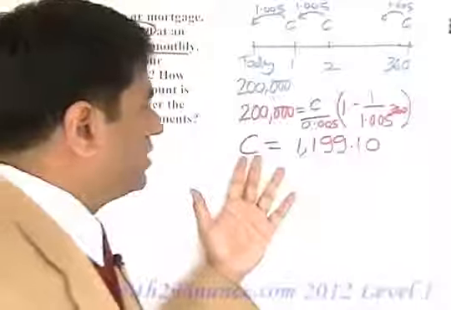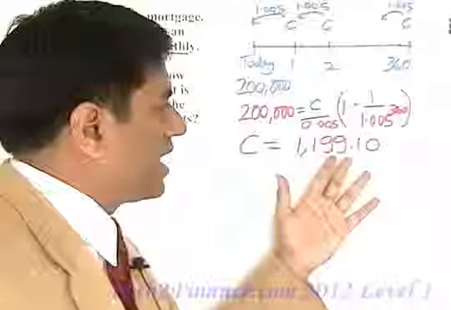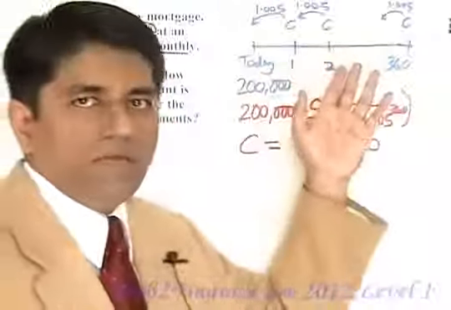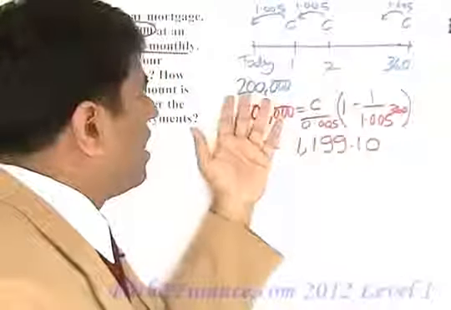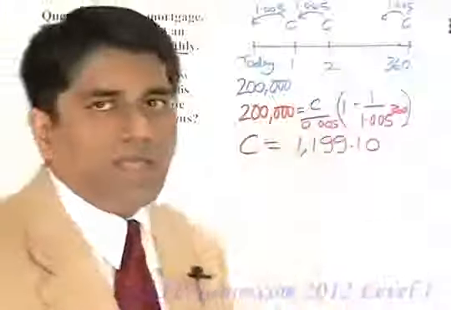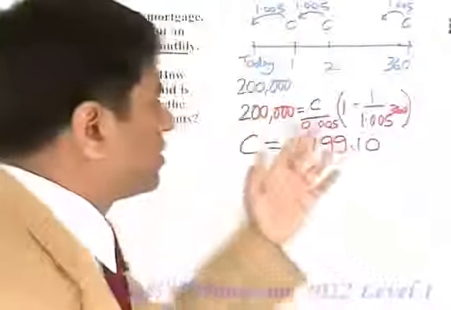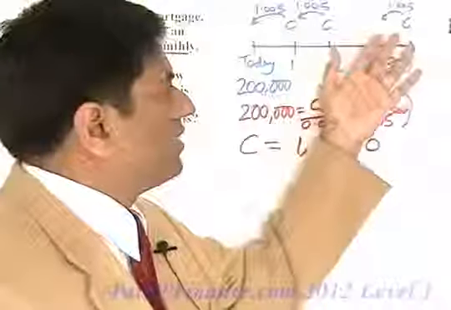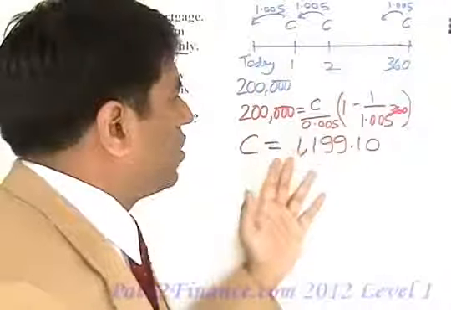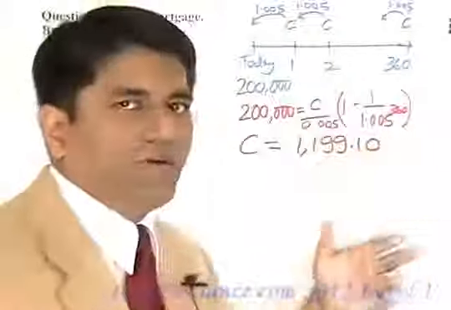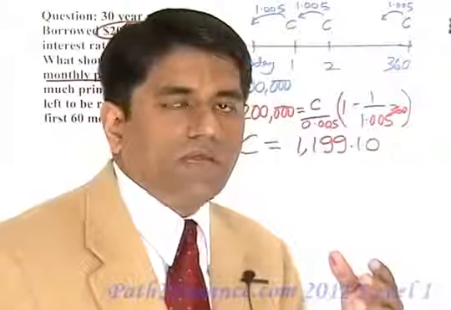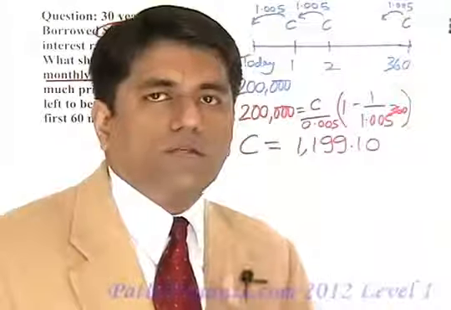So a payment of 1,199 and 10 cents monthly pays off a $200,000 mortgage. Alternatively, you can think of it as the discounted value of 1,199 monthly for 360 months equals $200,000 today.